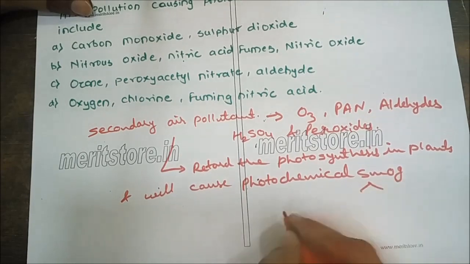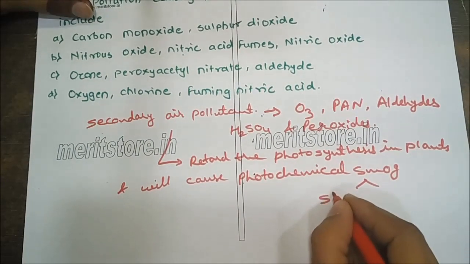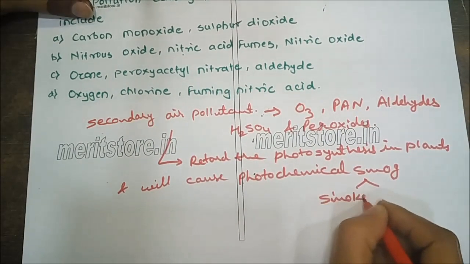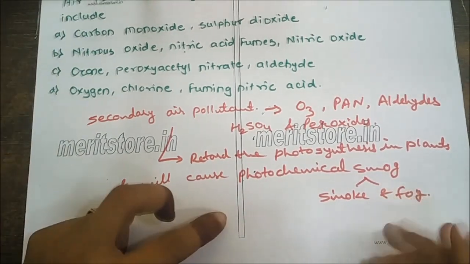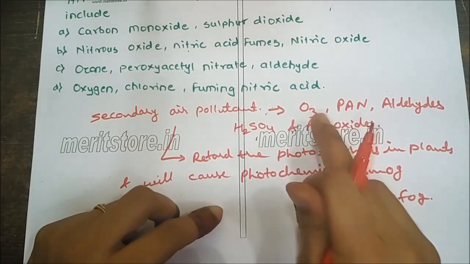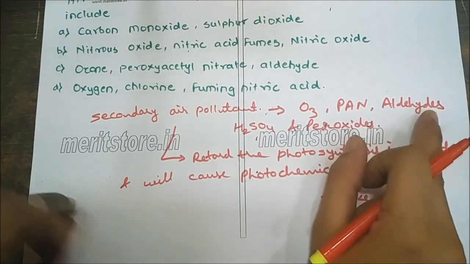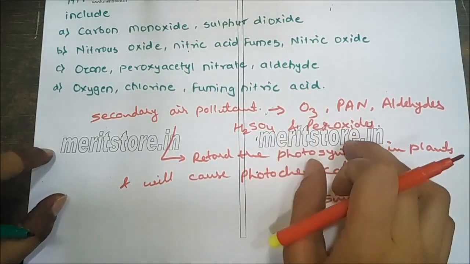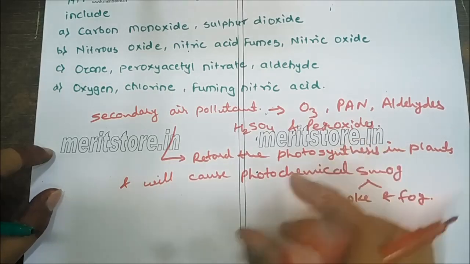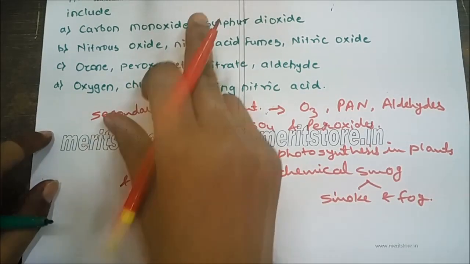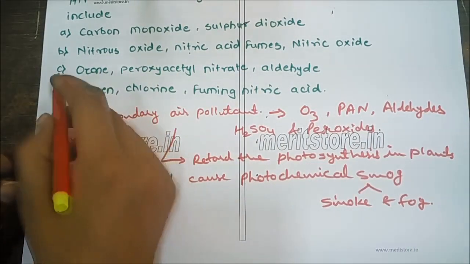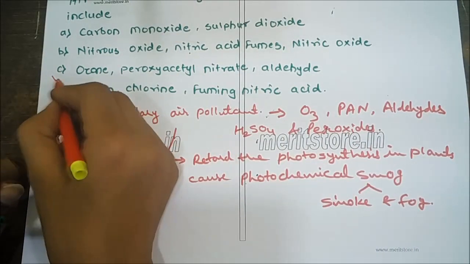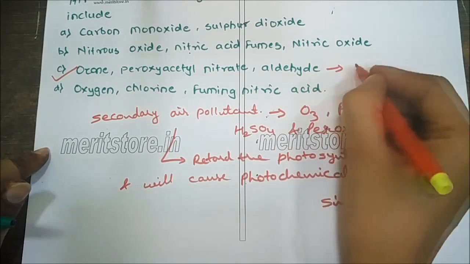Smog is the mixture of smoke and fog, and this smog will consist of ozone, peroxyacetyl nitrate, aldehyde, sulfuric acid, and peroxides. So this air pollution causing photochemical oxidants production will include ozone, peroxyacetyl nitrate, and aldehydes, which are the secondary air pollutants.